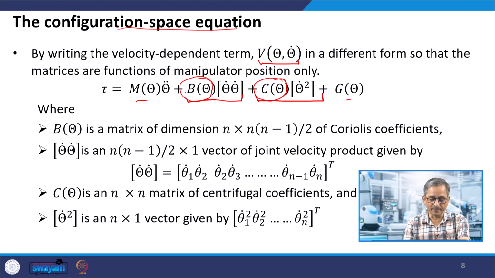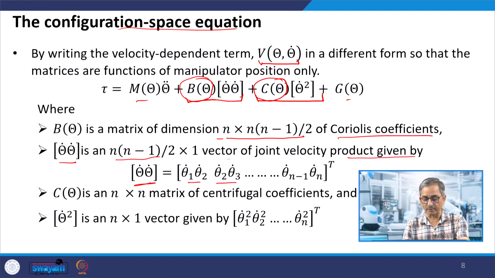So, here this b theta is a matrix of dimension n cross n(n-1)/2 of Coriolis coefficients, because you have the two joint velocities product over here, and that is theta dot, this is of n(n-1)/2 cross 1 vector of joint velocity products, and this can be given as here say theta 1 dot theta 2 dot, theta 2 dot theta 3 dot, and so on, okay.